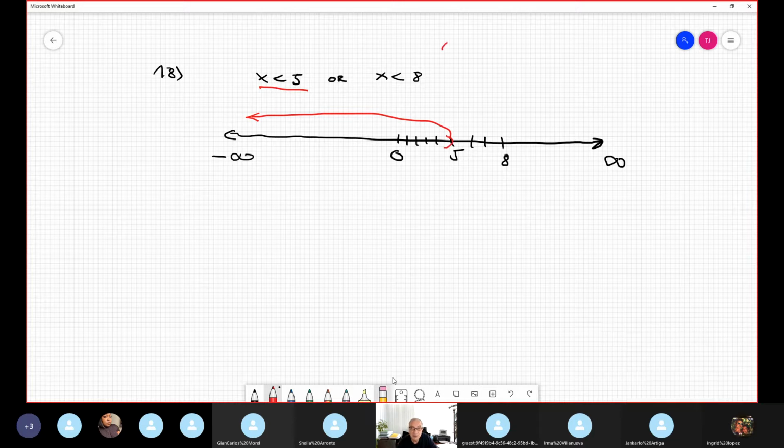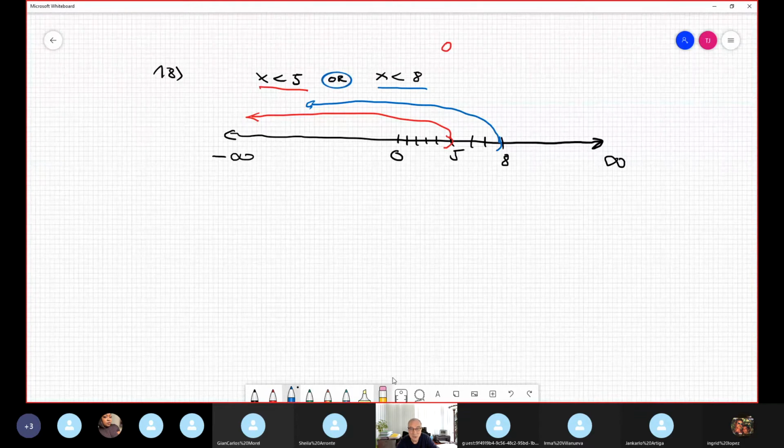The other is also less than, so again to the left, not including 8. Then I need to connect both intervals, blue and red, using OR.